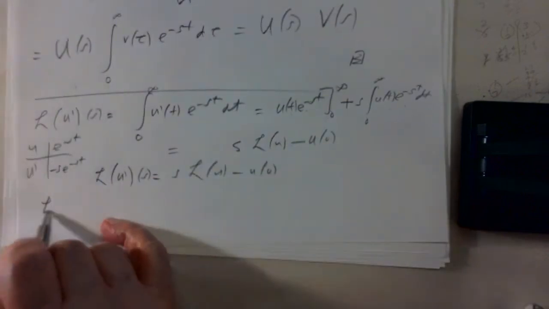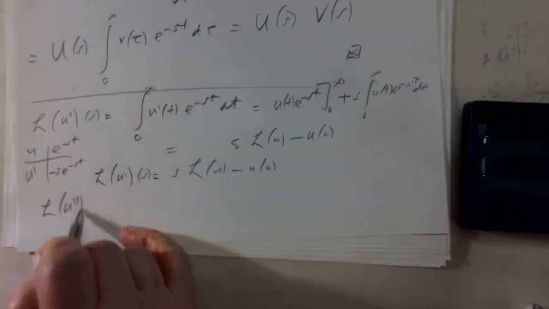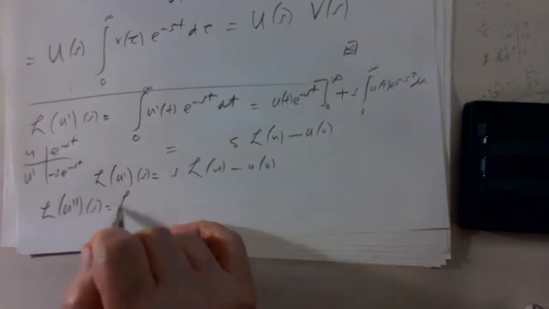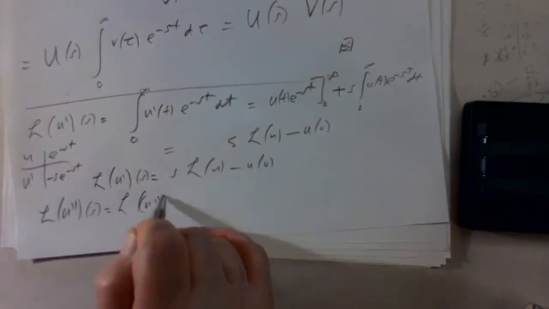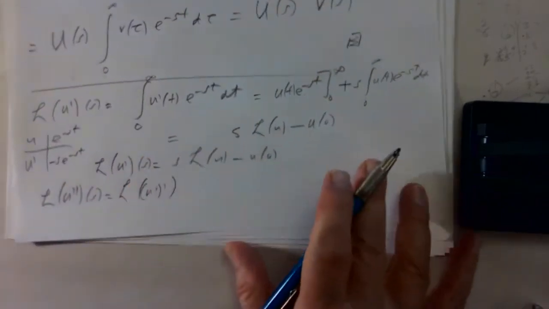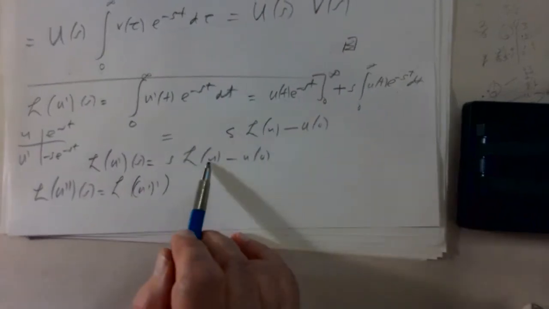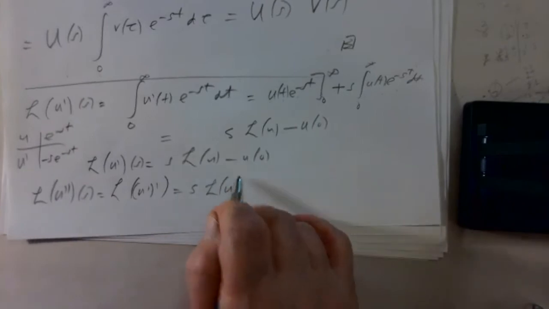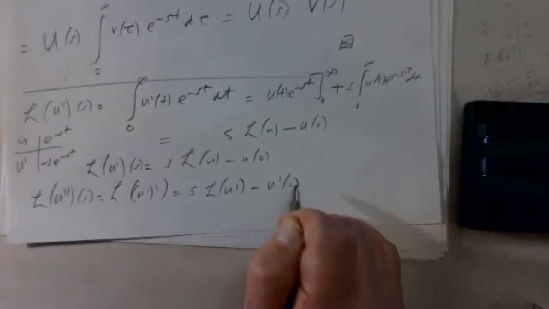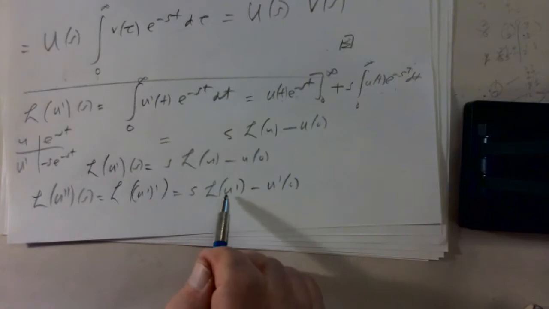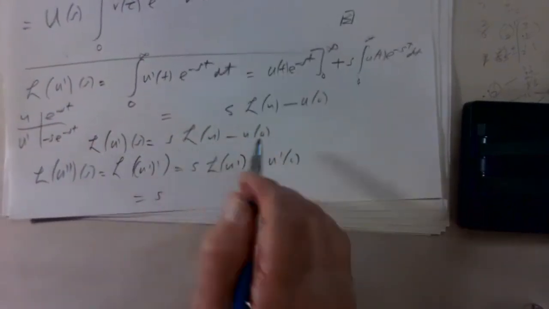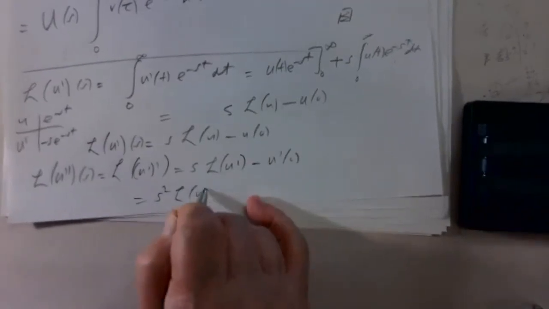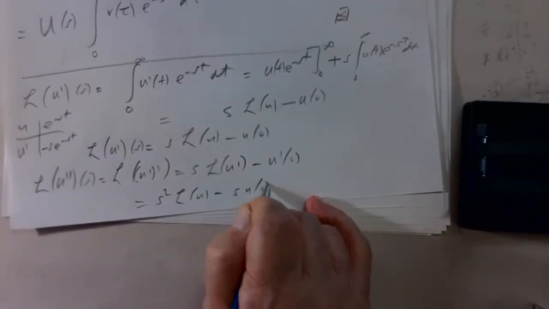Suppose we take the second derivative. So this is the derivative of the derivative. So by replacing u with u prime here, we get s L of u prime minus u prime of 0. And now plugging in for L of u prime, this is s times this, we get s squared L of u minus s u of 0 minus u prime of 0.